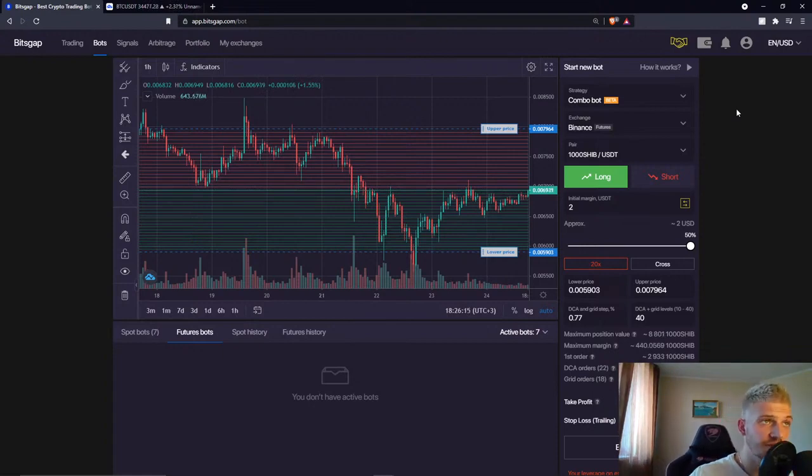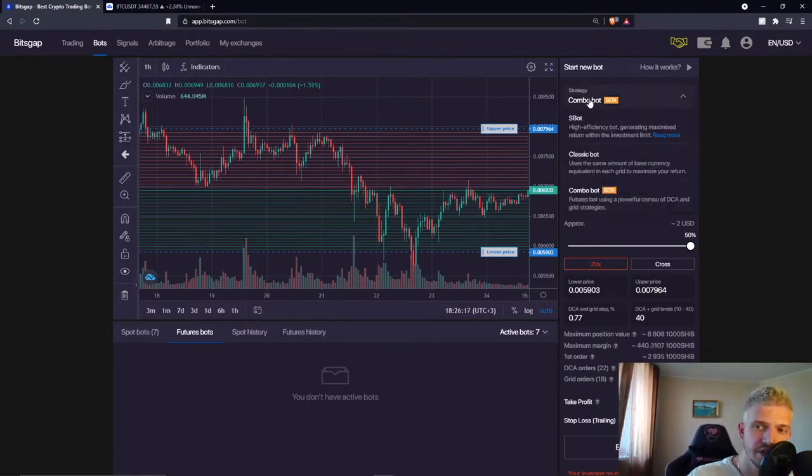So the combo bot is basically the combination of the experience and patterns that we took from the classic bot and the ASBot, plus some other features that are functional on the futures market but are not perfect for the spot market.